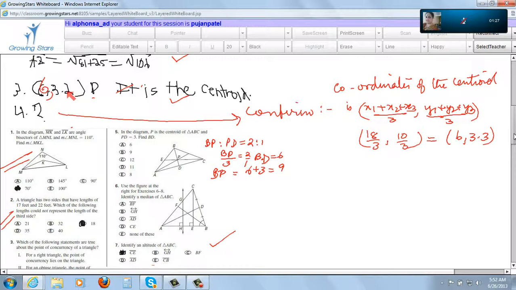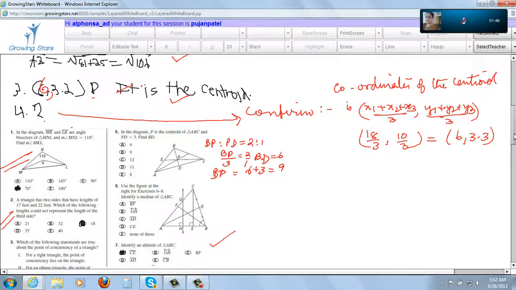Now, for coordinates of the centroid, there's a formula. If you know the coordinates of the vertices of the triangle, what are the vertices? Can you tell me?